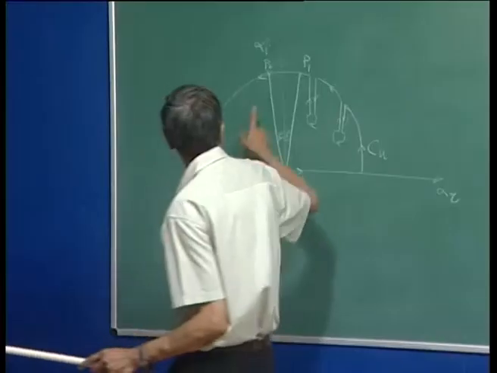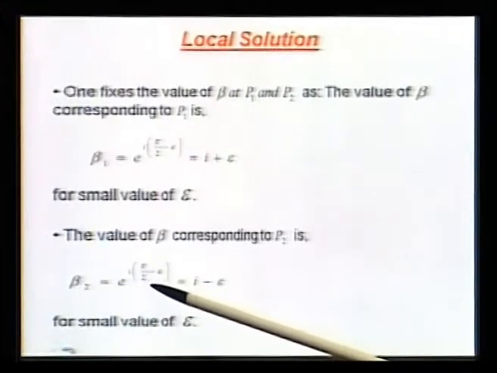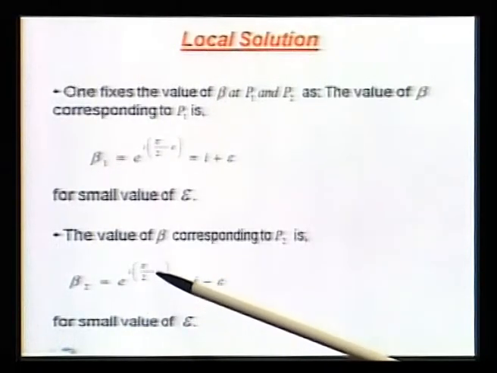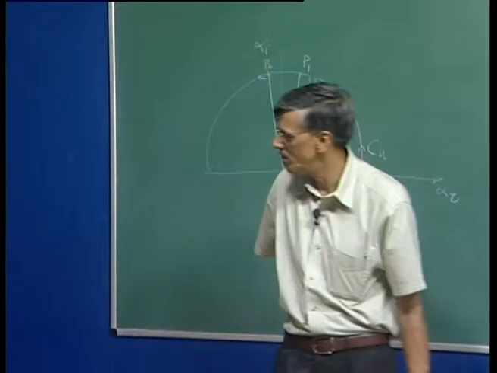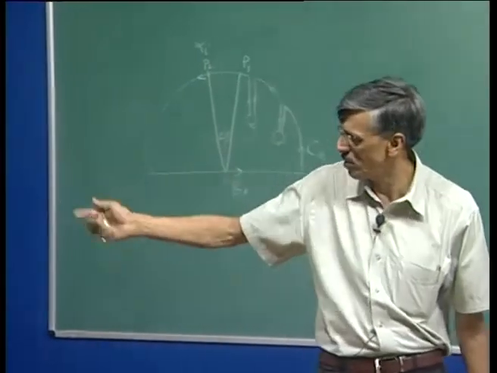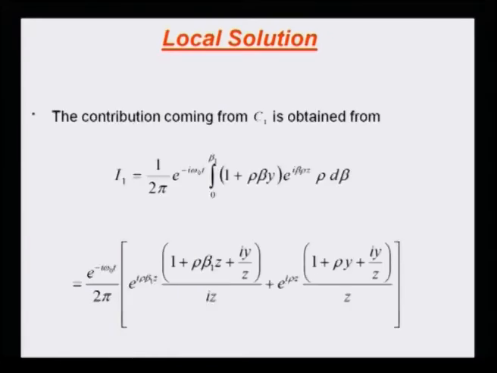And similarly for this point P2, I get beta 2 should be equal to e to the power i pi by 2. There should be a plus sign here, right? There is a mistake. It should be plus. That will work out to i minus epsilon. So for small values of epsilon, we can fix those phases beta 1 and beta 2, and then we can go ahead and calculate various components.